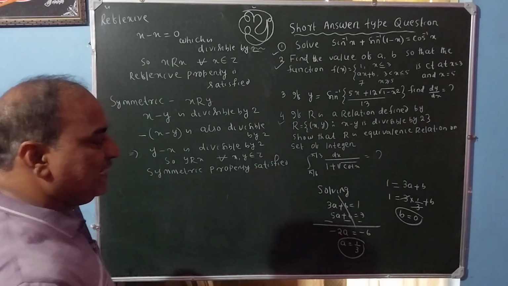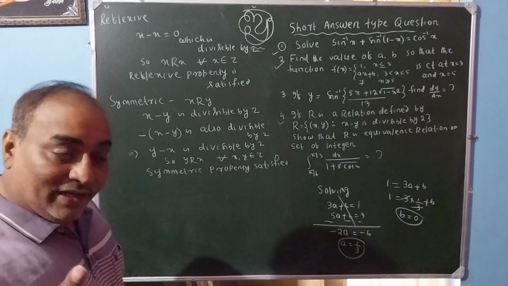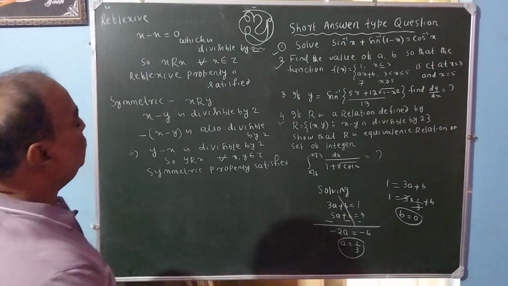Then we have to check transitive. Transitive means x related to y and y related to z implies x related to z.